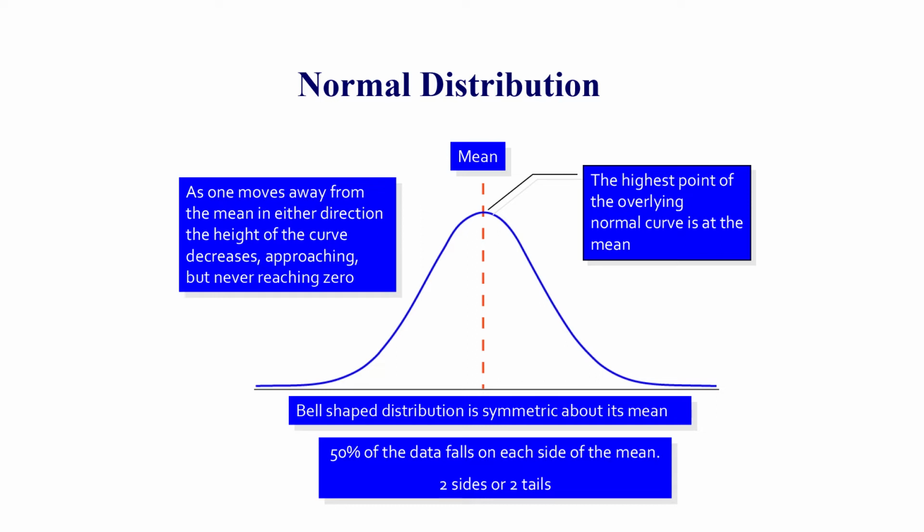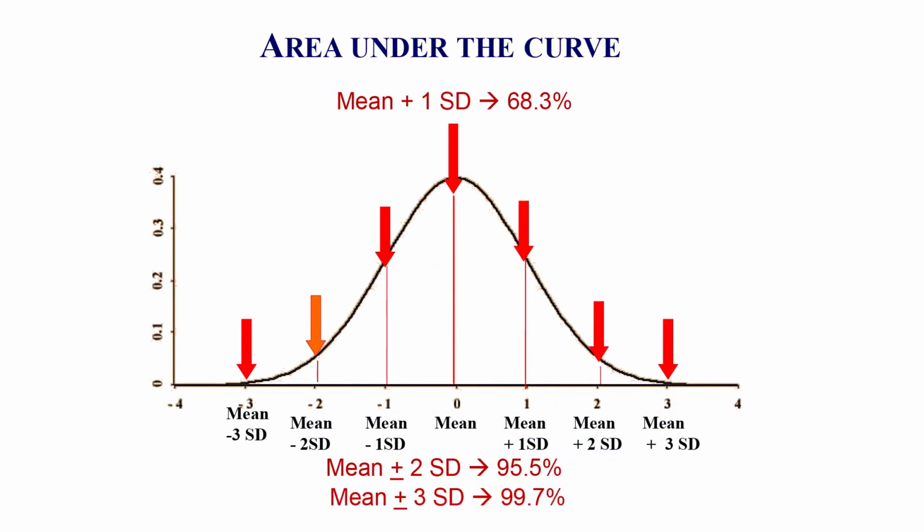So these are a few characteristics. Again, 50% of the data falls on each side of the mean. So when you have continuous data, and in that data set the values fall 50% on either side of the mean, then you will call the distribution of the data a normal distribution.